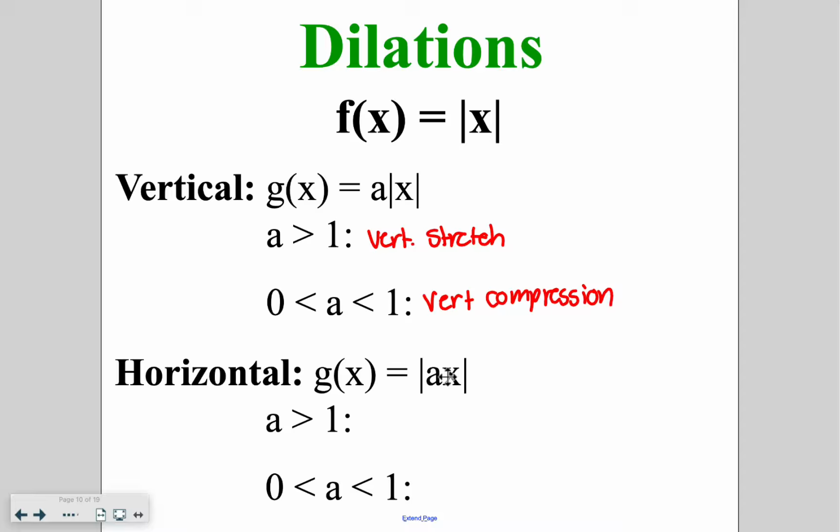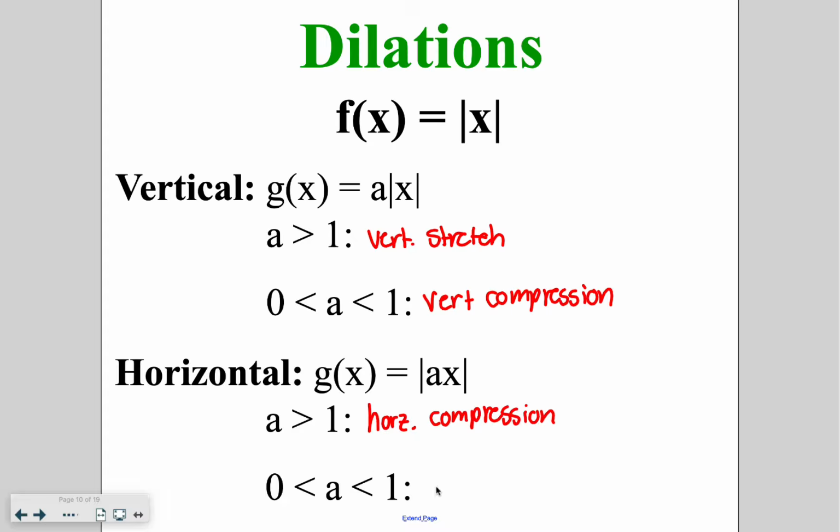The horizontal, the multiplication is going to happen inside of those absolute value bars. So that x is going to be multiplied inside the absolute value bars. When that happens, and it is bigger than 1, we have a horizontal compression. So we get it narrower. The v of that graph is narrower.